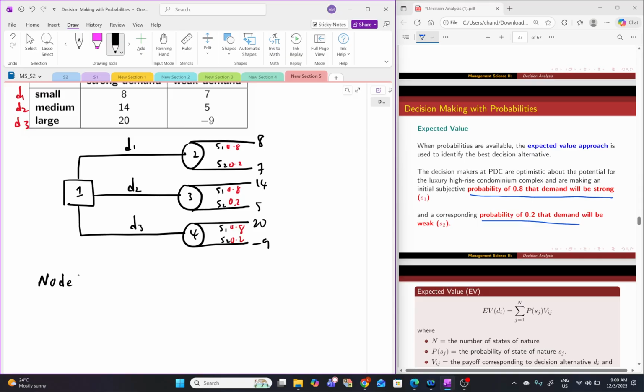Now node 2. I just put node 2 like this.